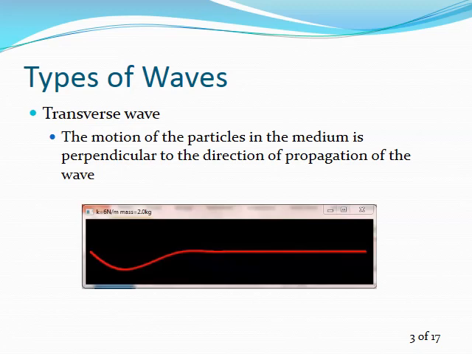So you see here that as the wave moved, the string was moving up and down, not left or right, as the wave traversed through. And that's the definition of a transverse wave. The medium moves perpendicular to the propagation of the wave.